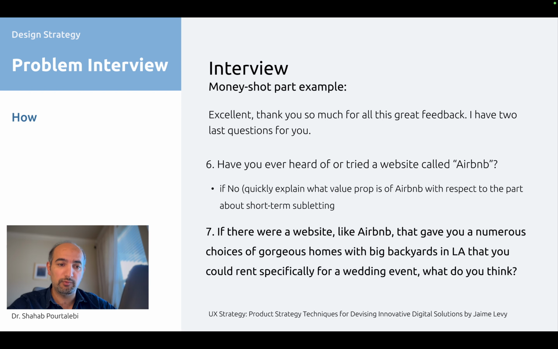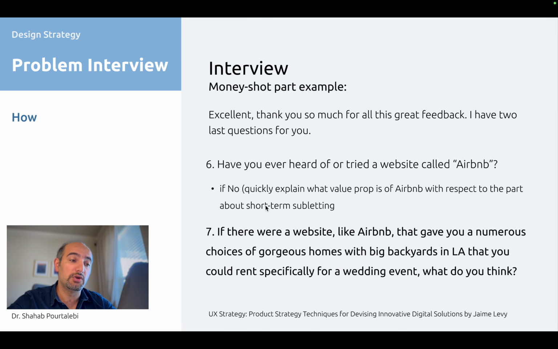And the work procedure on Airbnb is something they're going to use in their app. That's the reason they refer to Airbnb, and they want to know if the user has some previous experience with Airbnb, so they could understand the money shot question perfectly.